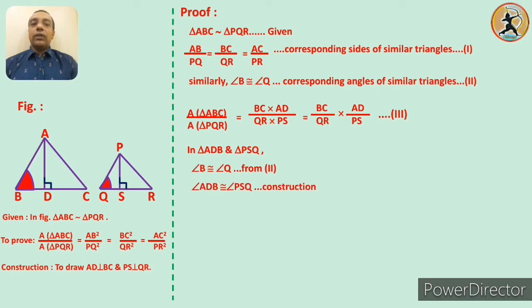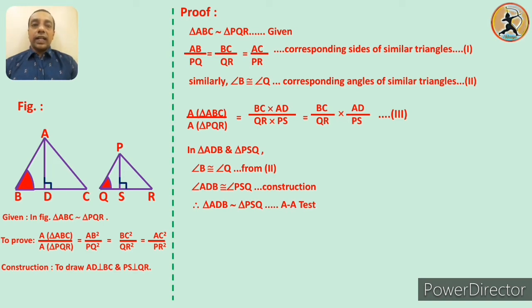So here we can write down angle ADB is congruent to angle PSQ, and of course the reason will be construction, or you can write down both the angles are 90 degrees also. So here we have shown that two pairs of angles are congruent. So those two triangles will be similar to each other as per the AA test of similarity.